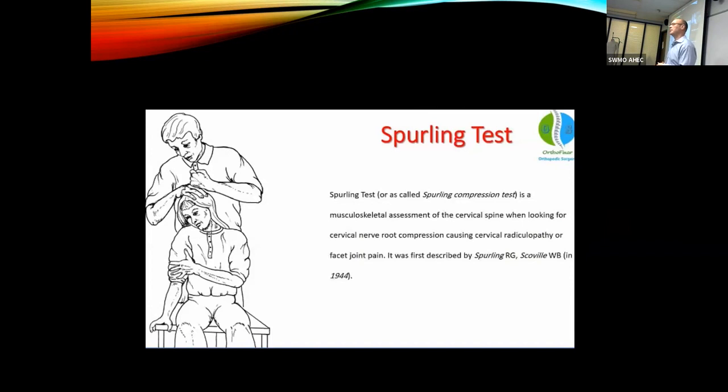That's a good provocative test. I like to keep things very, very simple. Turn their head and smash down on it. I'm reproducing compression, right? The opposite of cervical distraction, compression. Honestly, I don't always do it because by the time I get there, I've already done all the other tests, but it is something to keep in your armamentarium.